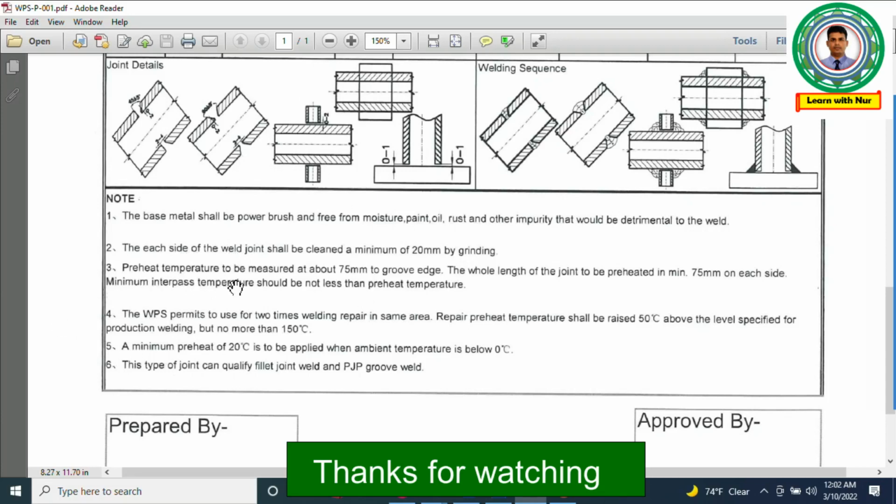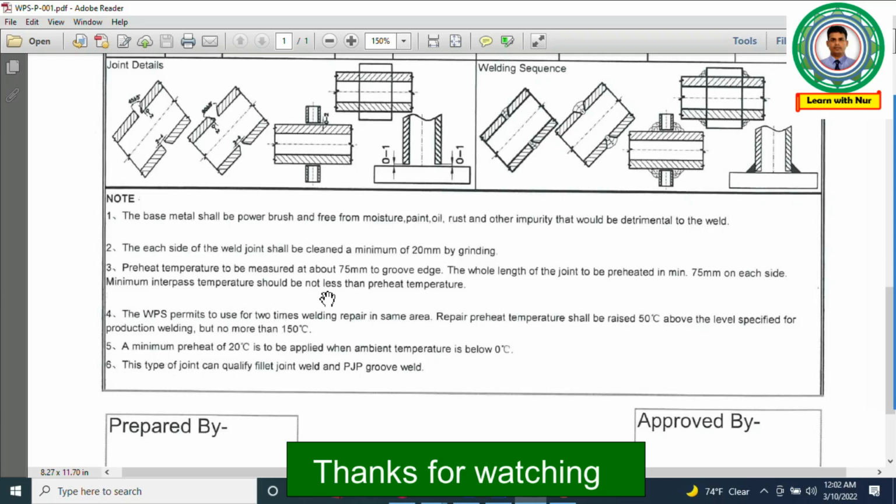Then preheat temperature to be measured at about 75 mm from the groove edge. So within 75 mm from the groove edge we have to measure the preheat temperature. The whole length of the joint is to be preheated a minimum of 75 mm on each side.